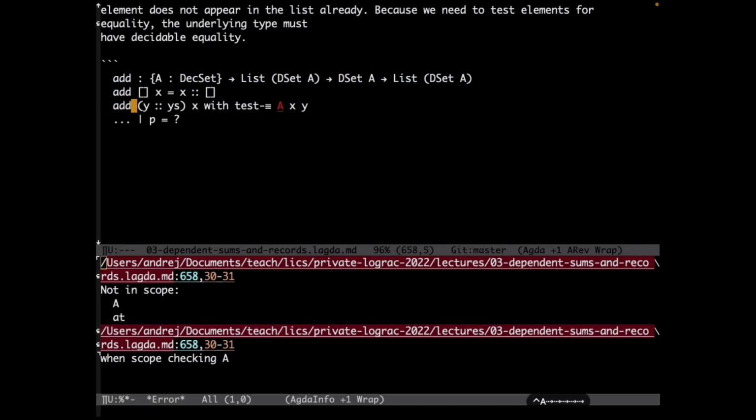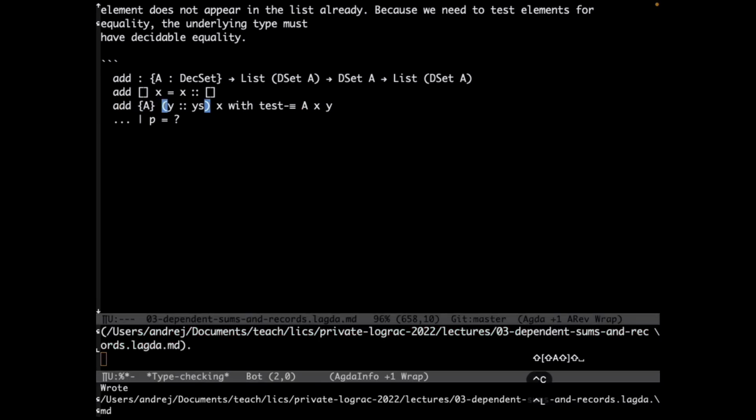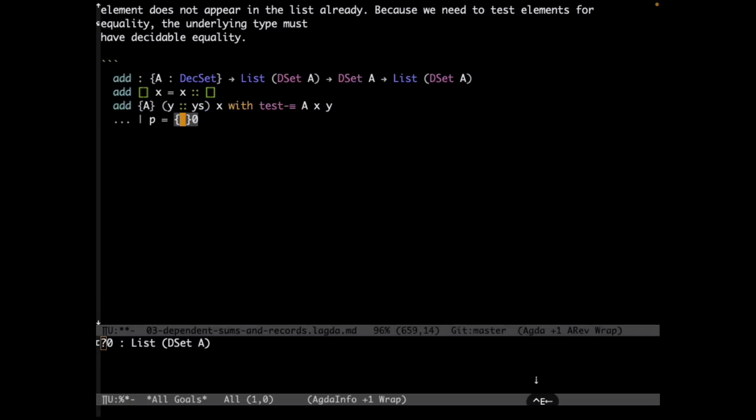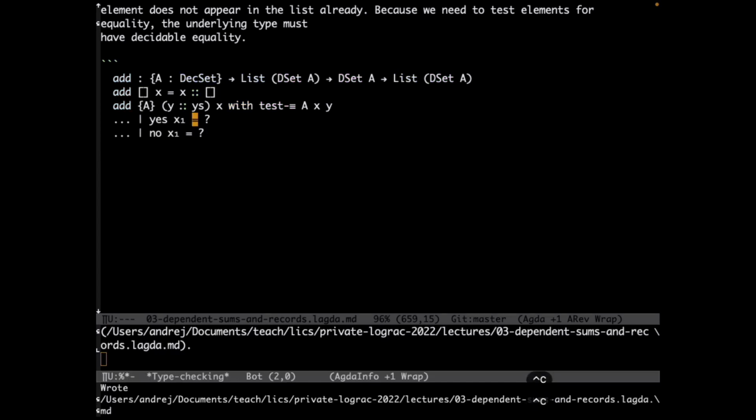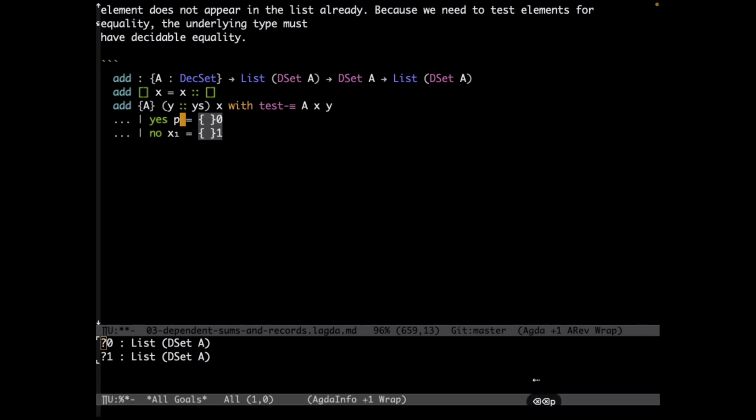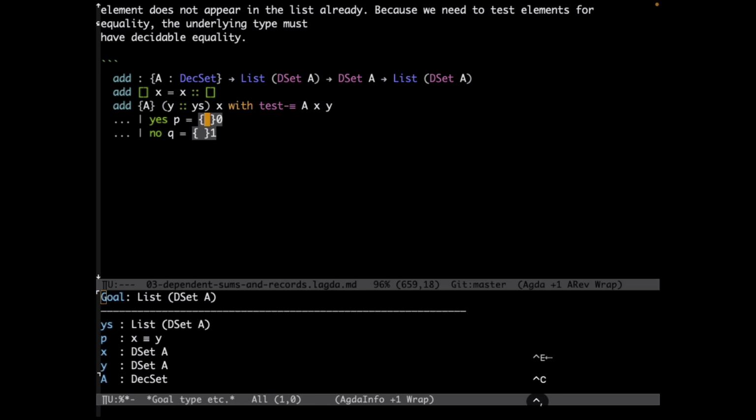It doesn't know what A is because I never gave it A. So here's A for you. And now I say, okay, we compared the result. What are the possible results of the test? And it says the possible results are yes of something and no of something else. And I go in here and I say, okay, this is the case when x and y are equal, but what is p?